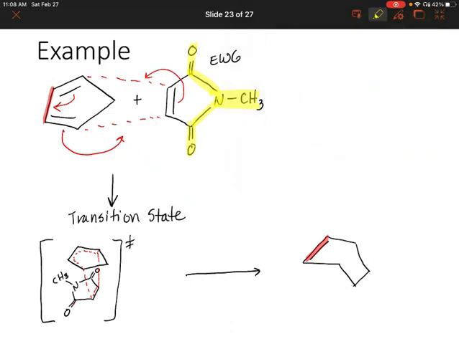All right, now we have to also take into account this bond here. Where is that going to go? So that is going to get pushed upward.